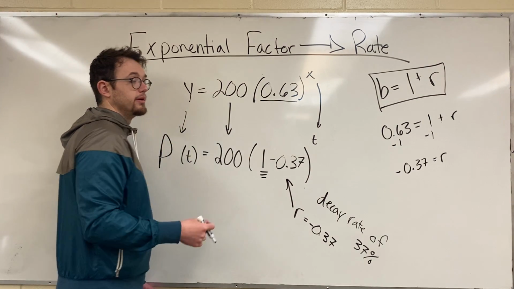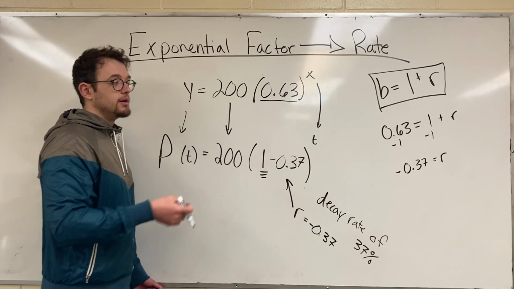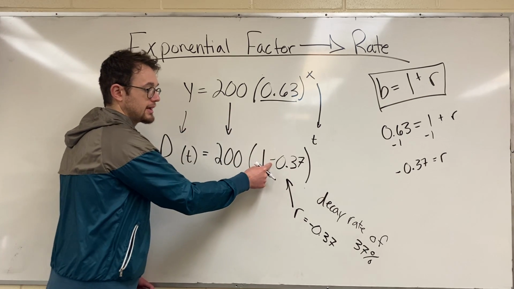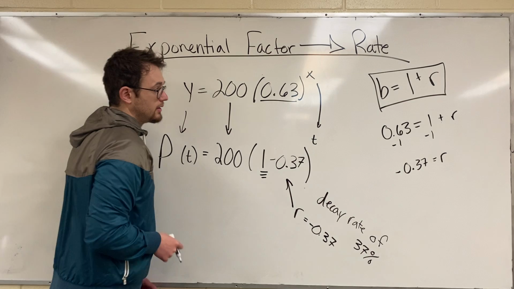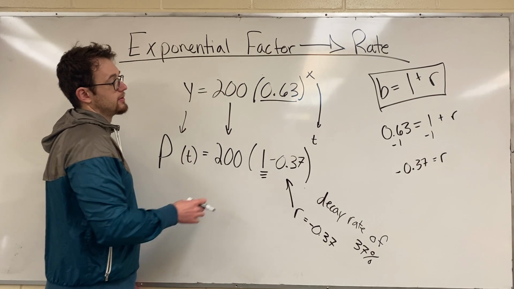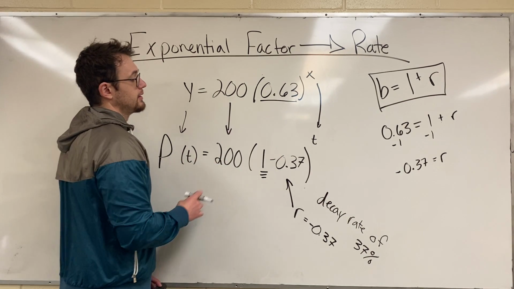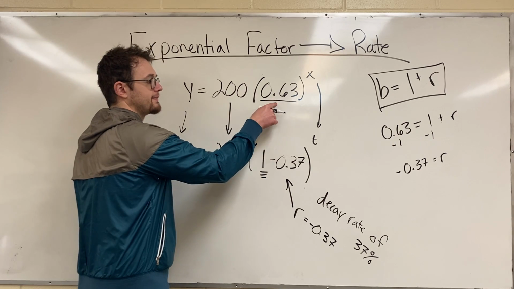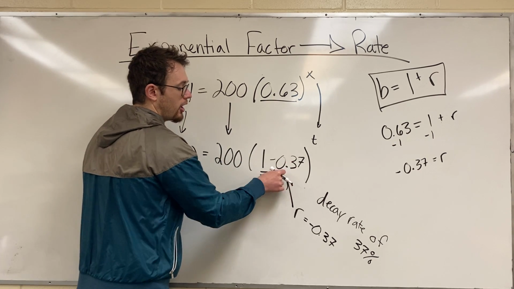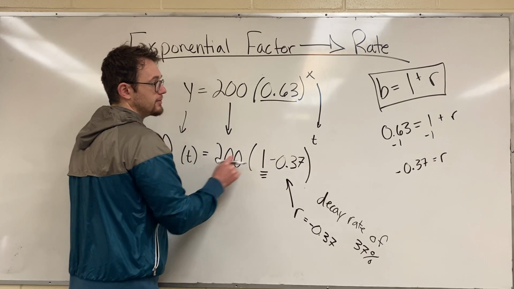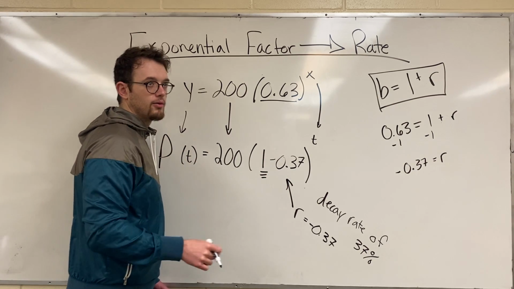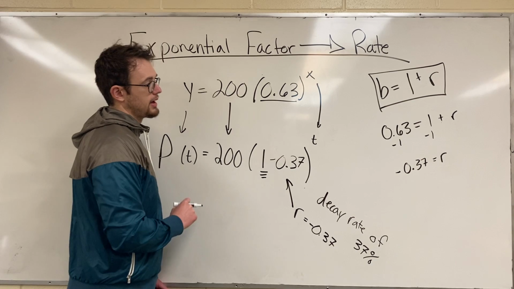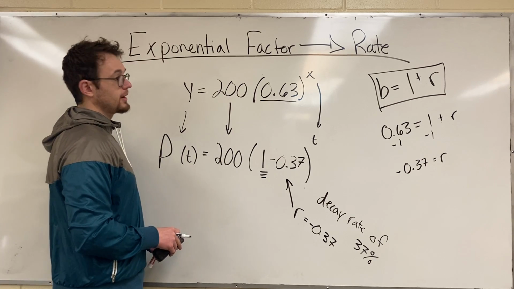If it's less than 1, obviously I need to subtract. If it's greater than 1, obviously I need to add something. Once you get the hang of it, it's super quick. I'm just doing something to 1 to get this factor. That's r. R is the thing that you do to 1. What am I decaying? What am I growing as a rate? All right, hopefully that helps.